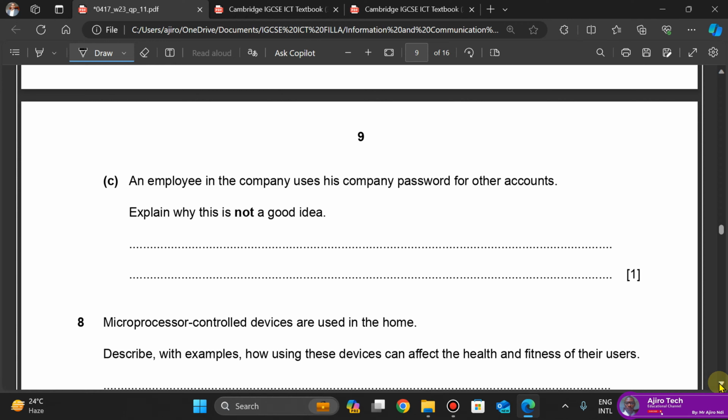An employee in the company uses his company password for other accounts. Explain why this is not a good idea. I have just one for you.